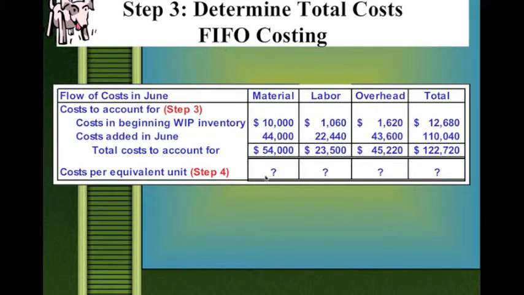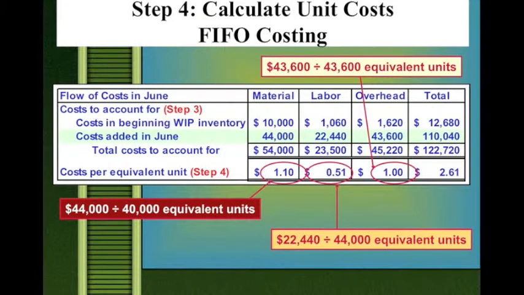Cost per equivalent unit is step 4, right? So what do we do here at step 4? We take the equivalent units that we arrived at, which was 40,000 for material, and we divide the cost by it, right? So we have 44,000 of costs added divided by 40,000. Okay?